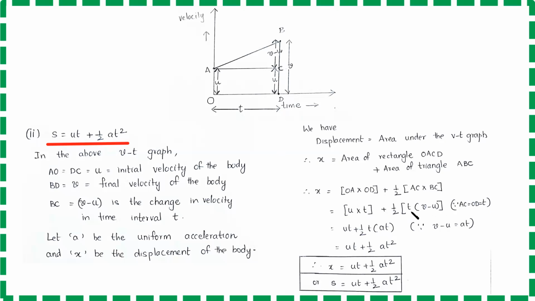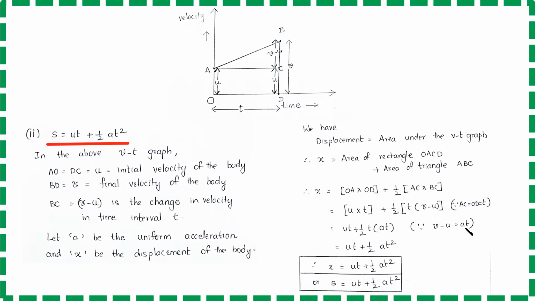AC is equal to OD is equal to t. And BC from the figure you can clearly see is v minus u. So we have substituted AC is equal to t and BC is equal to v minus u in here. Therefore, the area is ut plus half t times v minus u.